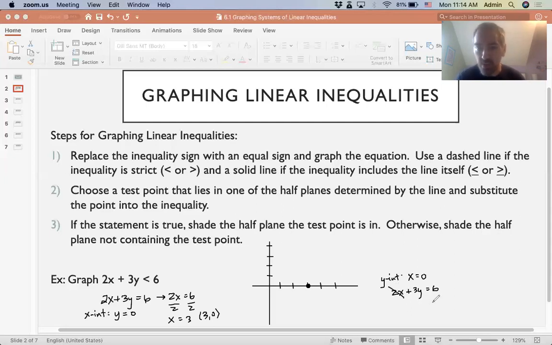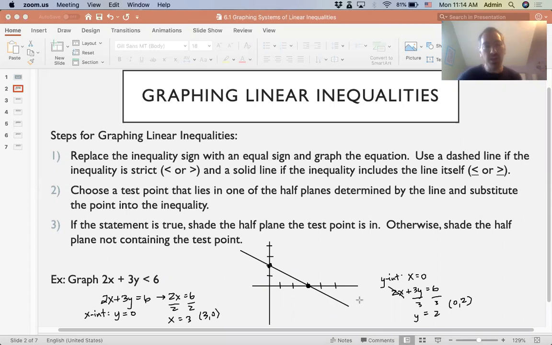This 3y = 6. Divide both sides by 3 and we get 2, and that is our y-intercept (0, 2). And now that we found the x and y-intercept, 2 points to find a line, so we can draw a line through our 2 intercepts, and we have our line.